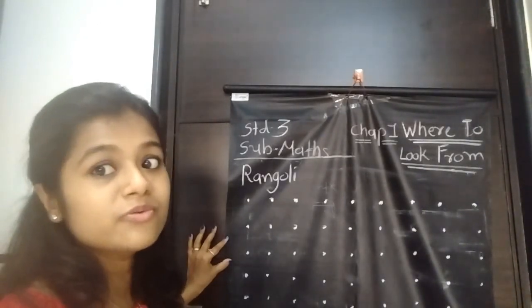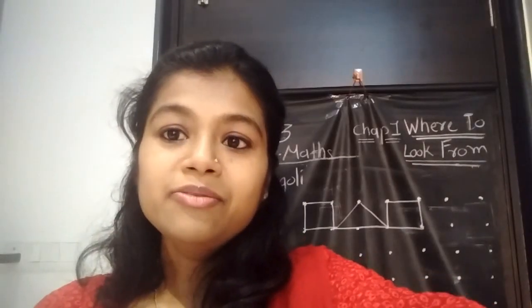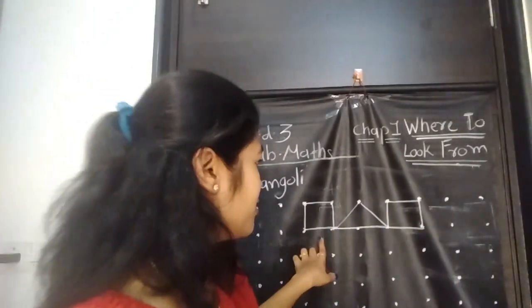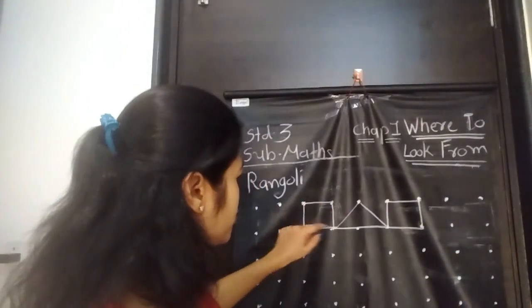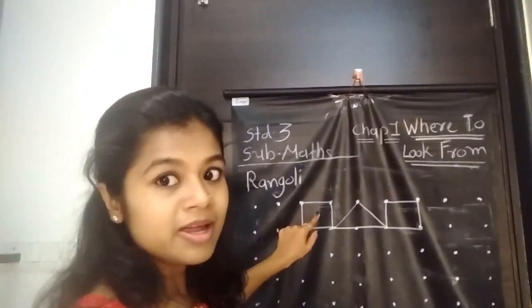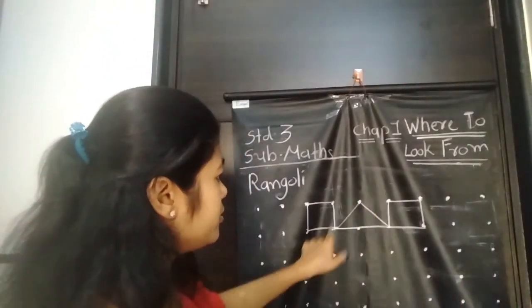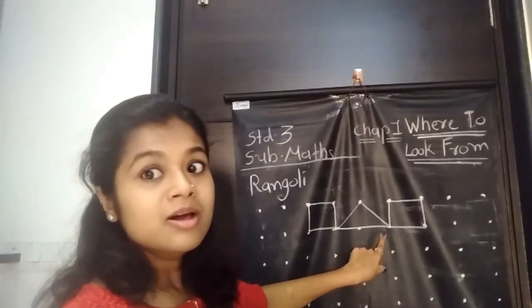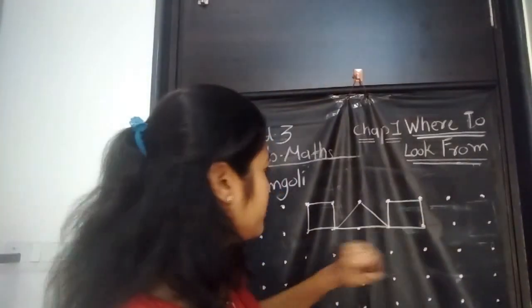So let's do one Rangoli for you. Here I start making a pattern of Rangoli. See, first I am taking 4 dots and making a square. Then afterward I took 4 dots, 1, 2, 3 and 4, and I made a triangle over here. Again I made a square.